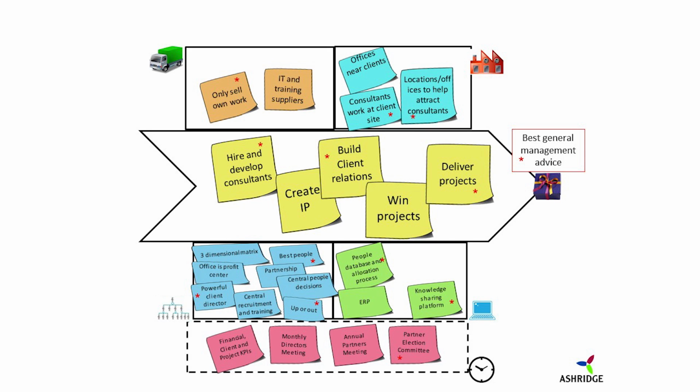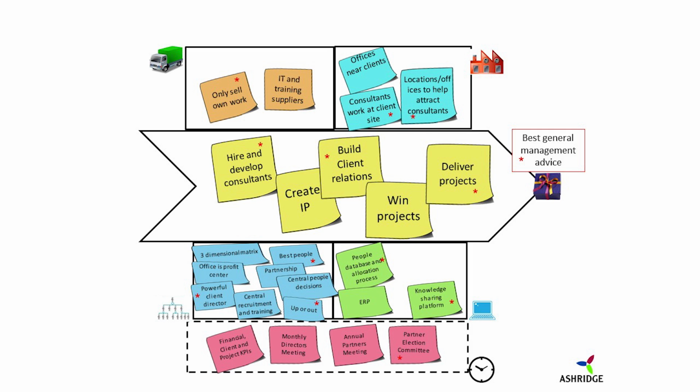And to give you one example, this is an example of a consulting company. In the middle arrow, we have 5 steps: hire and develop consultants, create intellectual property, create thoughts about business that are valuable to managers, build relationships with potential clients, win projects with those clients, and then deliver those projects, do the work that the client is asking at high quality.